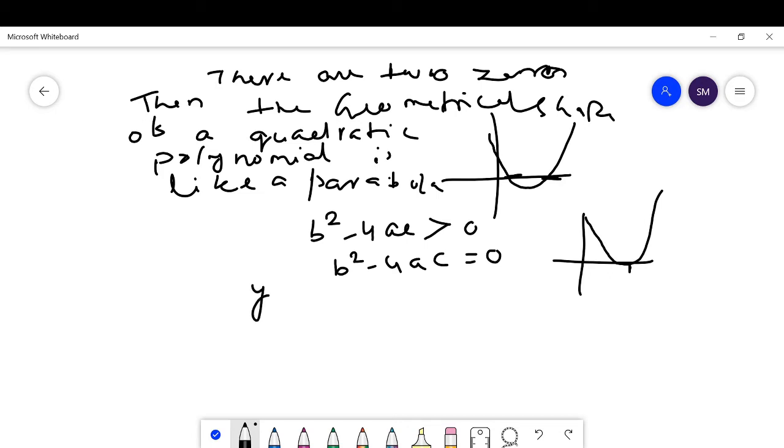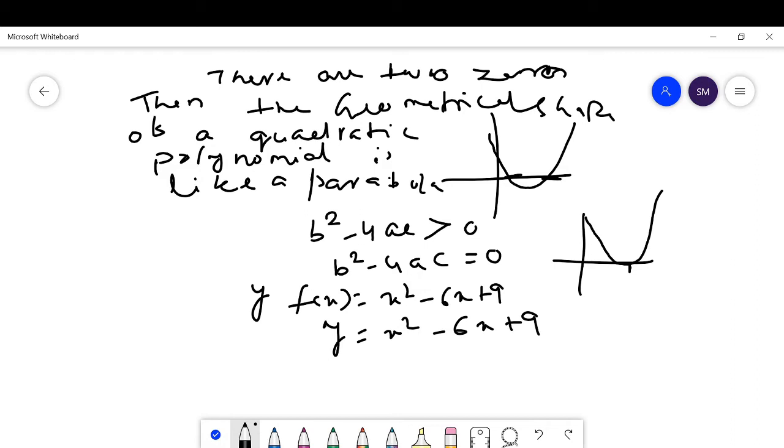For example, suppose f(x) is equal to x square minus 6x plus 9. Here y equals x square minus 6x plus 9. It is a quadratic polynomial. Factorize it. Then this is x whole square minus 2 into 3 into x plus 3 whole square, which is a square plus b square minus 2ab.